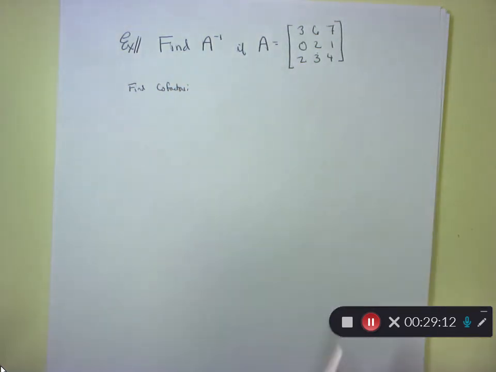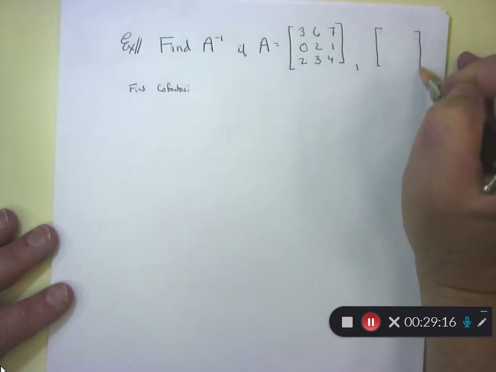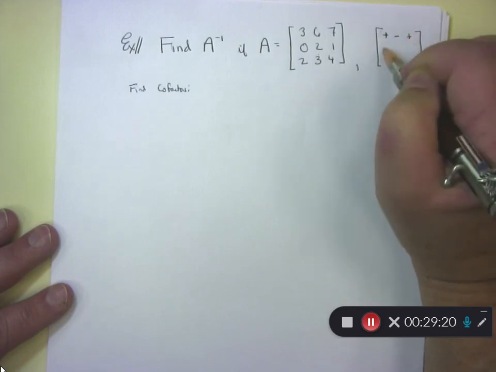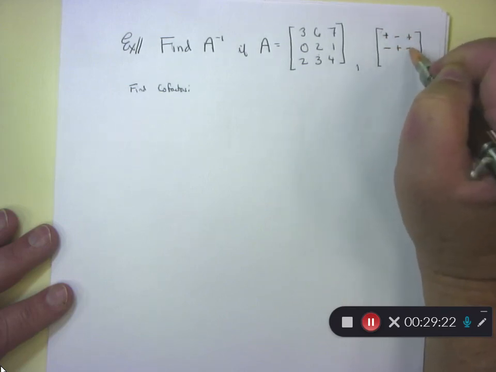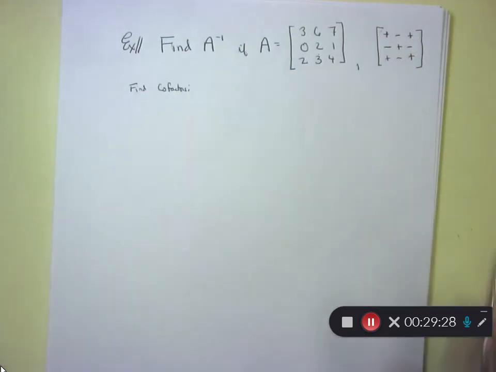Remember, when I draw out one of these matrices, right beside it, I'm going to remind myself of the signs, because that's where most people mess it up, they forget to throw the signs in there. So again, this is 3 by 3, so it is plus, minus, plus, minus, plus, minus, plus, minus, plus.